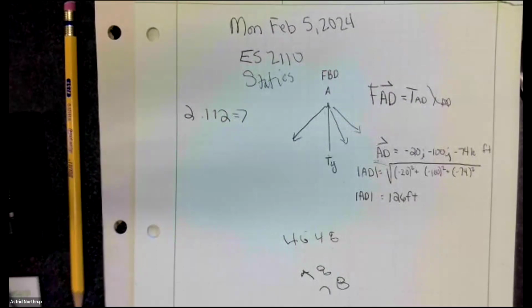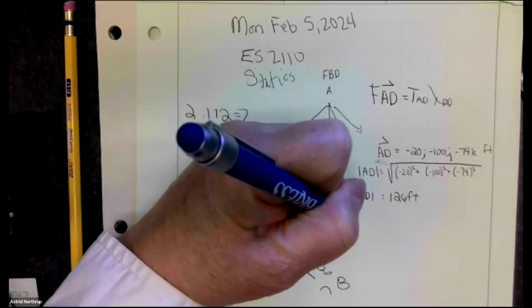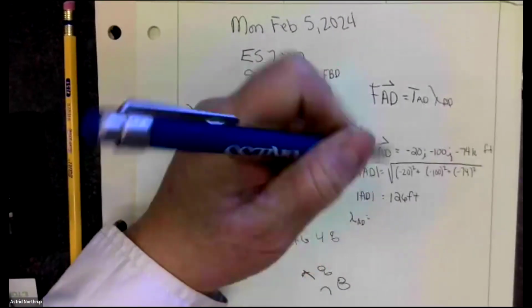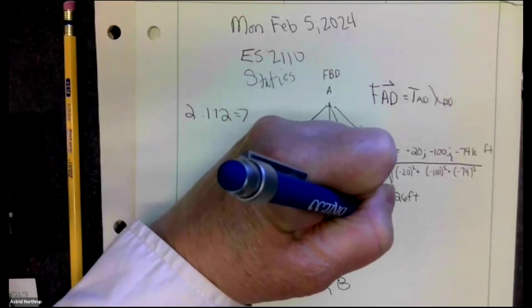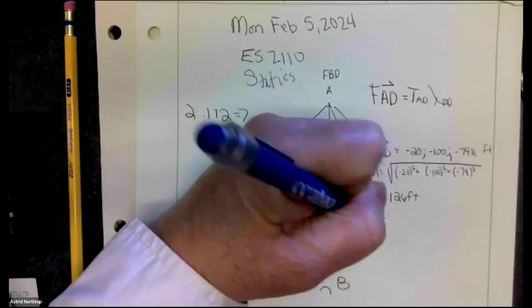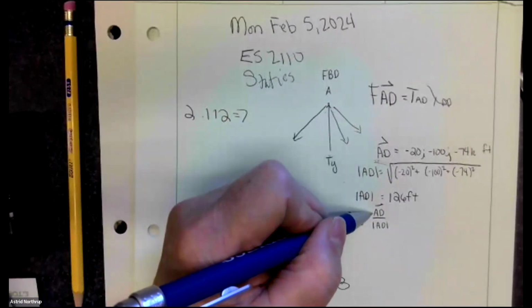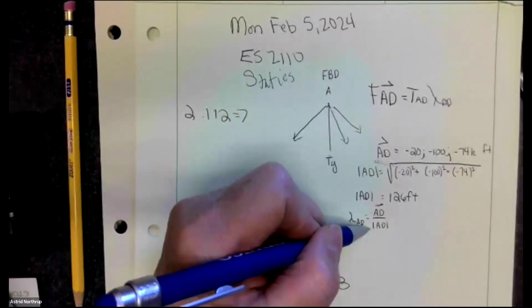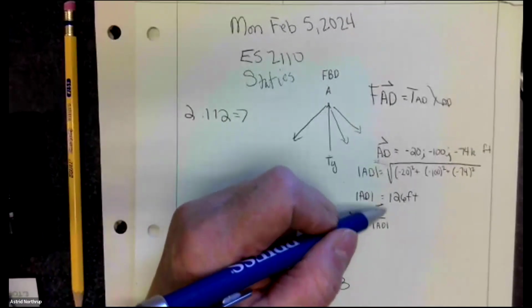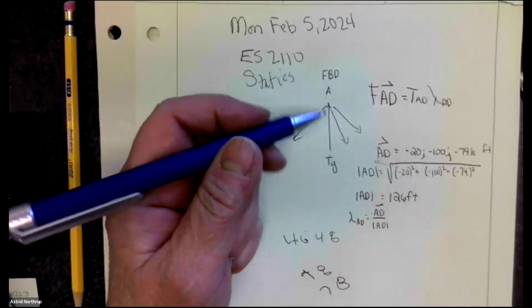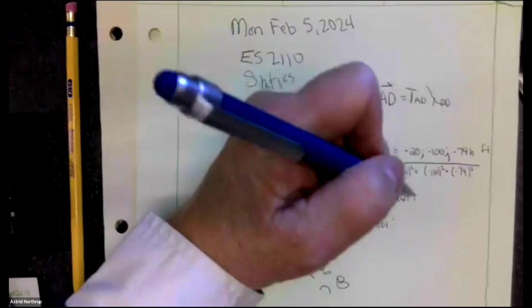What that means then is when we find lambda AD, that's equal to the vector AD divided by the length of AD. And since the vector is a vector and the length is a scalar, we just divide each one of those terms. And that will also give us the directional cosines.